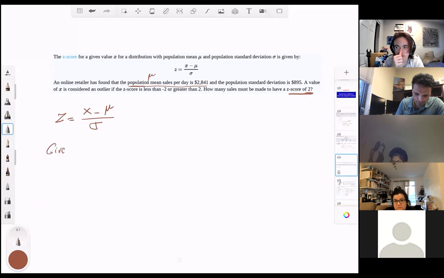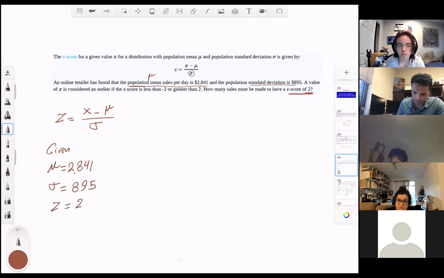Given mu equal to 2,841, and population standard deviation, which is sigma, equal to 895, and we have z-score equal to 2. In this formula, we have 4 variables.